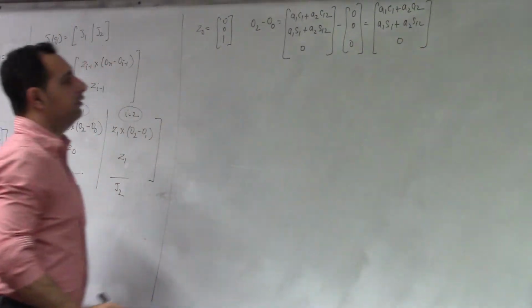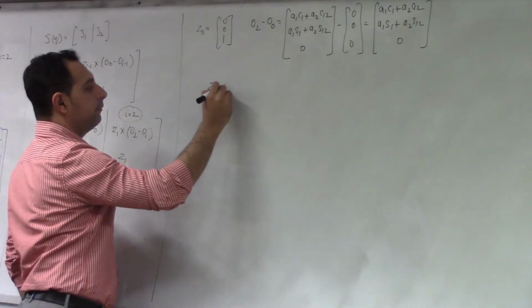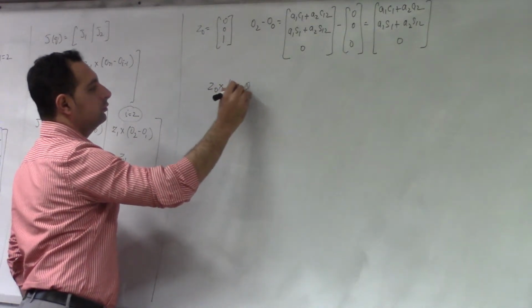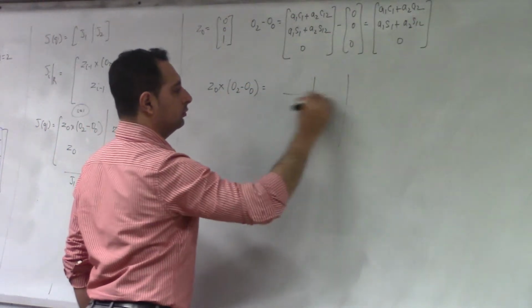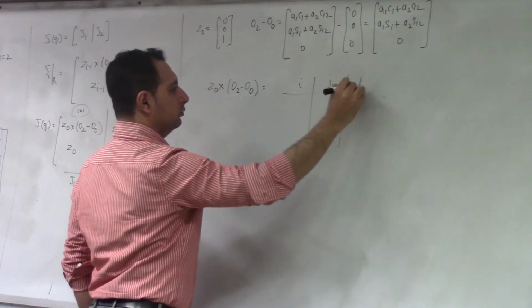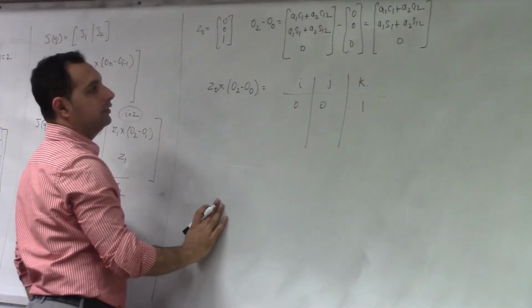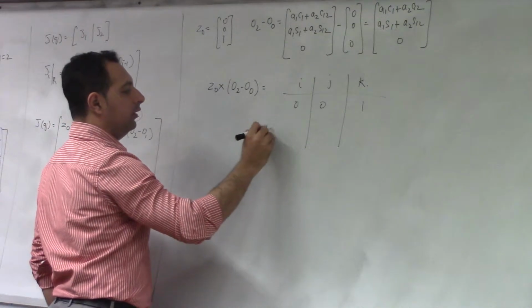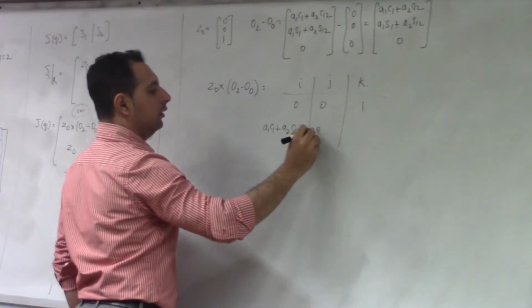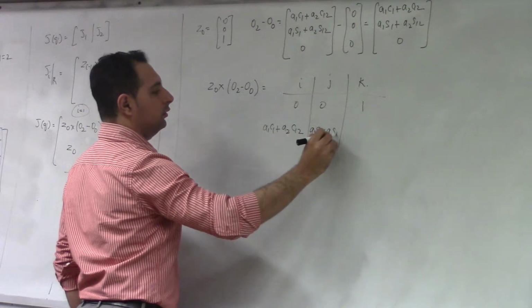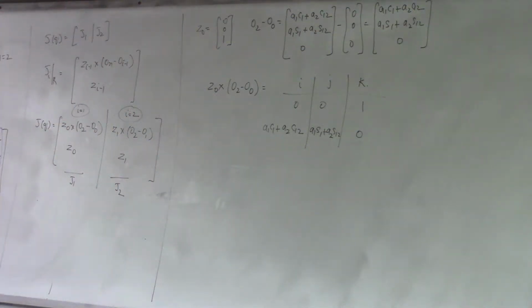So now what you have to do is a cross product, which is Z0 cross. Okay, that is Z0.